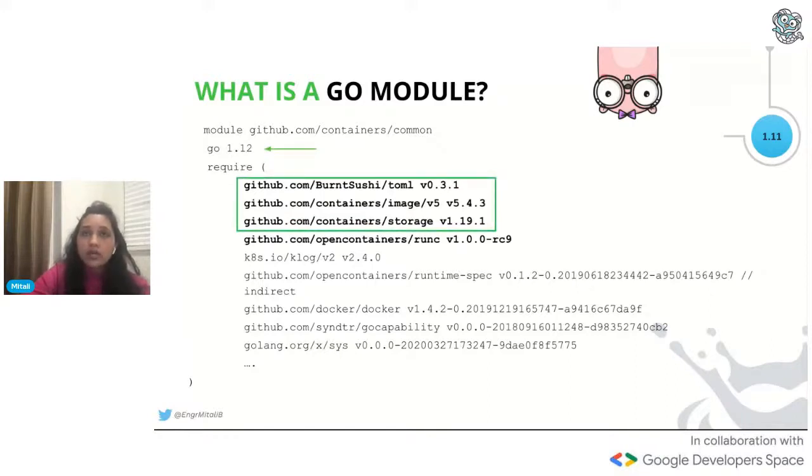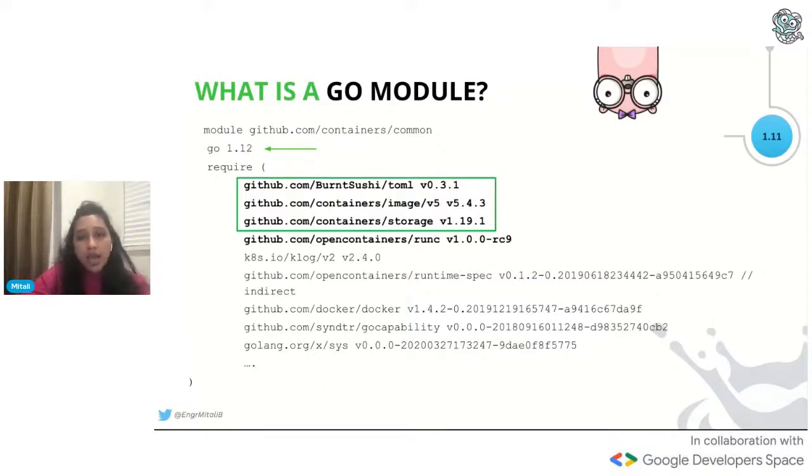The require directive will have all your dependencies, that means the module paths of your dependencies. As we know, Go uses the whole module path for mentioning the dependencies. So here there is a module path for toml, and along with that there is a version.